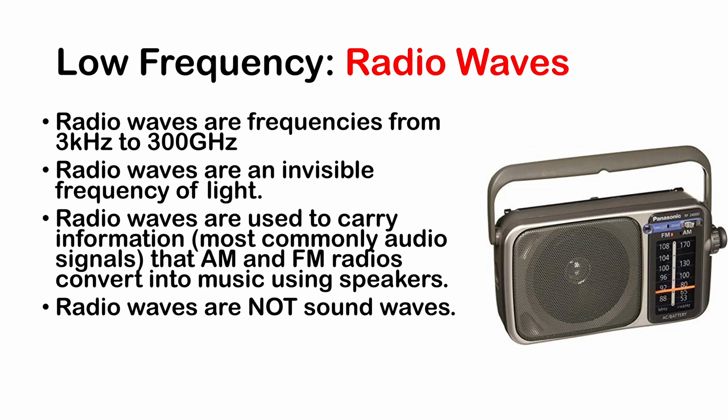Most commonly, radio waves use AM and FM radios. You convert it into music using speakers, and we talked about how a speaker works. Next week we're going to talk about how they modulate that and what that means. So don't get confused. Radio waves are not sound waves. Radio waves are going through your house right now. You don't hear them. You need a machine to do it, called a radio.